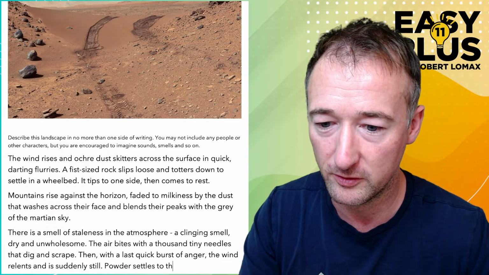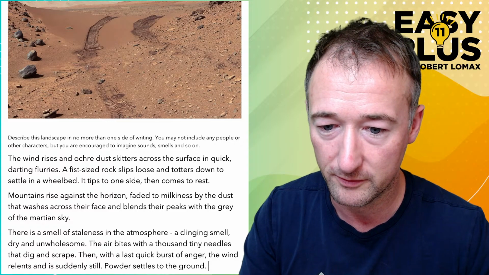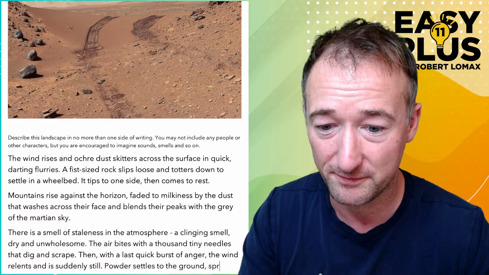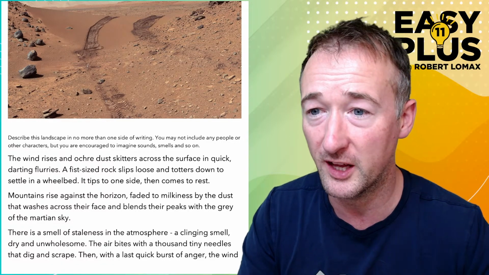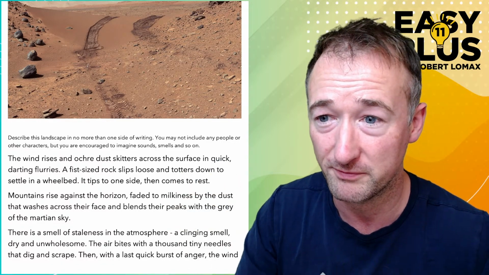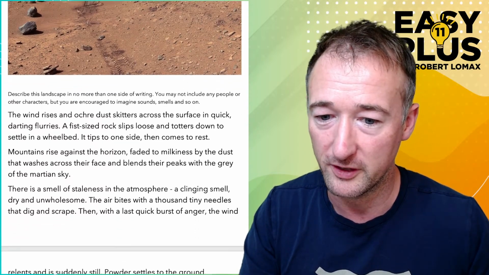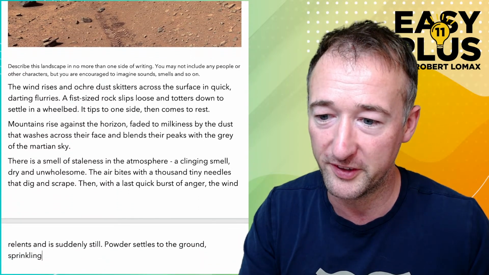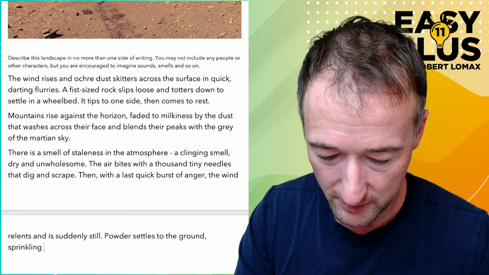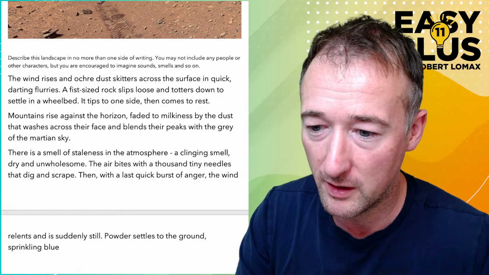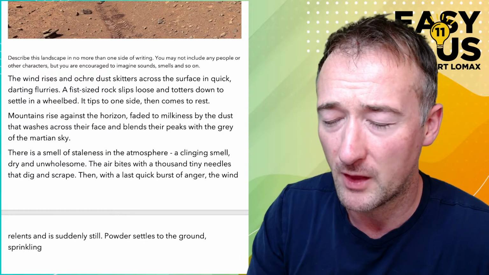Powder settles to the ground, sprinkling. Now, what's it going to sprinkle? Let's now talk about those kind of blue-coloured rocks. Sorry, I haven't shown you the next bit. The wind, powder settles to the ground, sprinkling. Can we go with this?